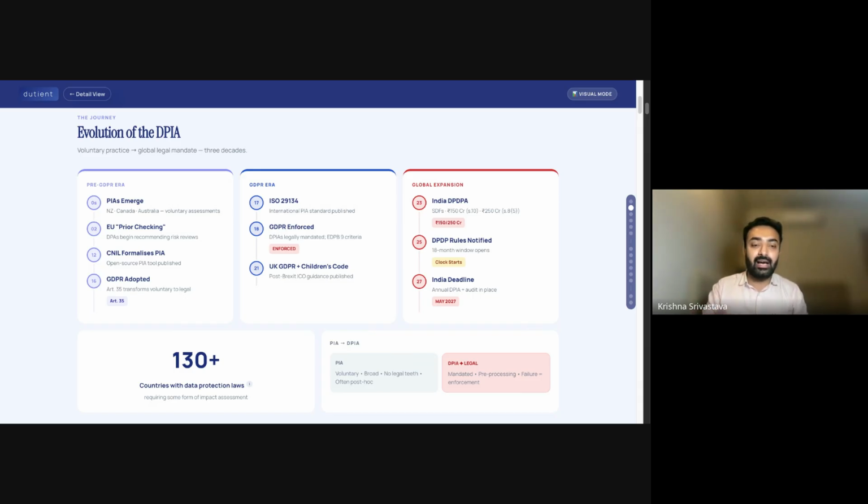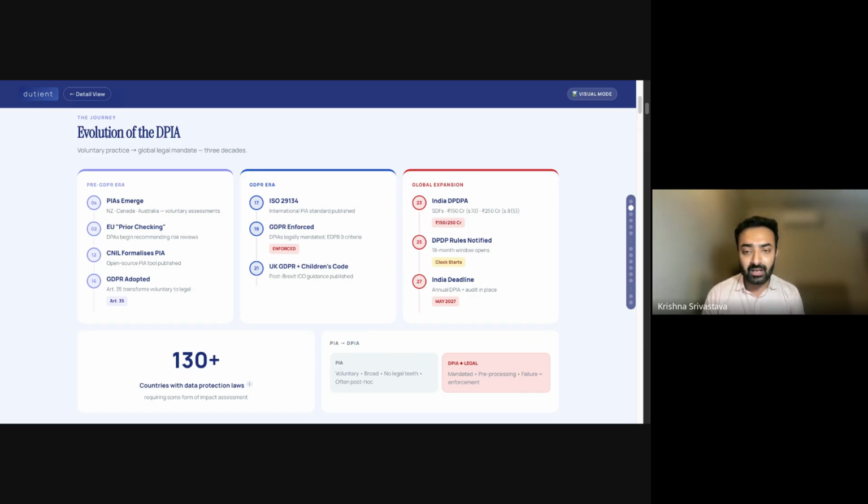Then, of course, the GDPR came in. Article 35 talks a lot about how DPIA should be triggered, in what cases do you need to do a DPIA, and so on. So Article 35 in the GDPR talks a lot about DPIA, the kind of triggers that enable you to conduct a DPIA, and specifically determine when that needs to be done. In the GDPR era, we noted that ISO 29134 was another international standard that was published.